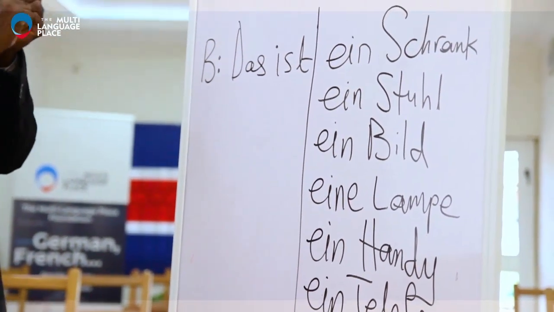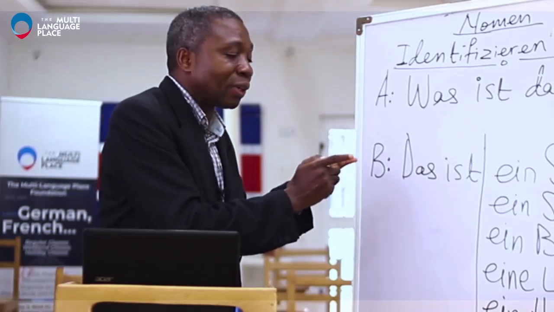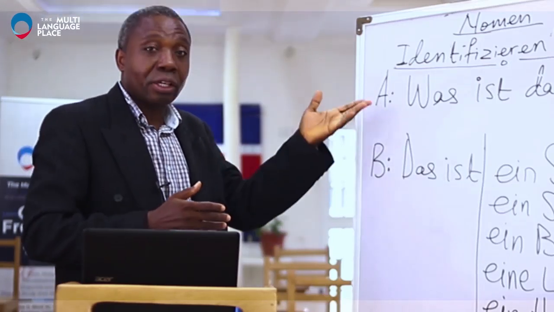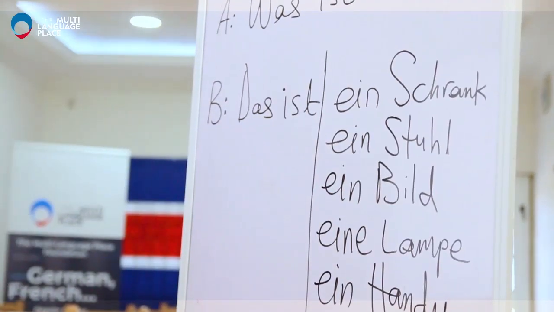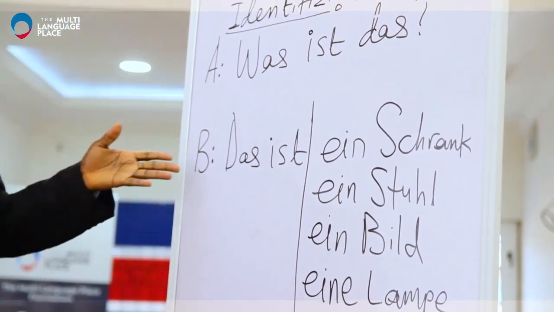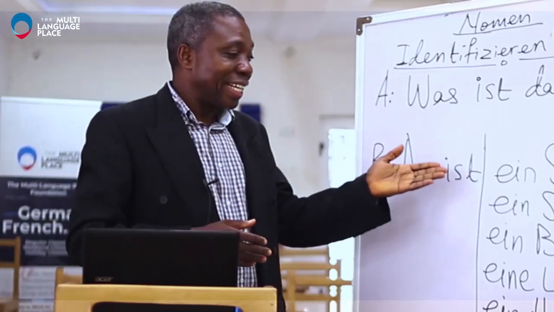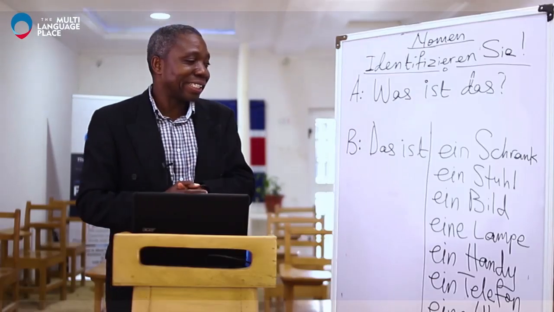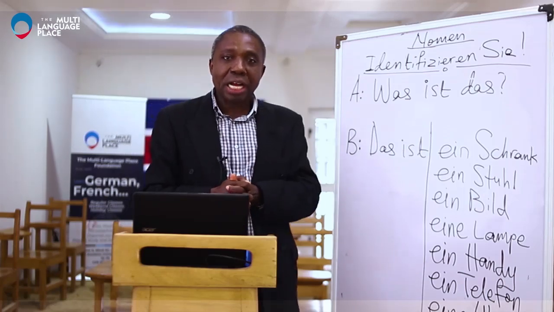Especially we are using the indefinite article now. I want us to use the indefinite article to answer the question that has been asked by A. So once again, Was ist das? And B answers, Das ist ein Schrank. Say it after me. Das ist ein Schrank.